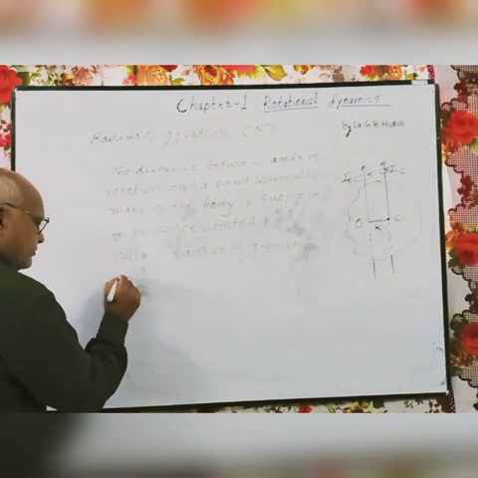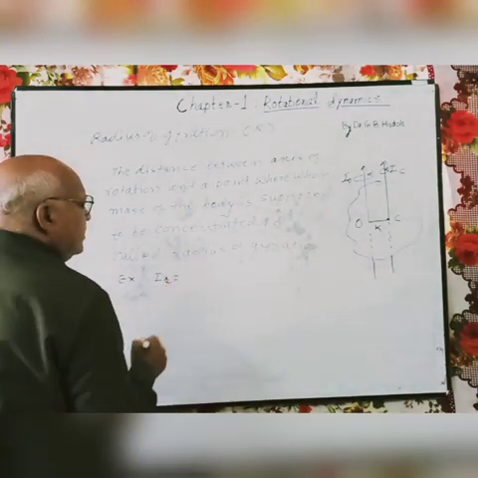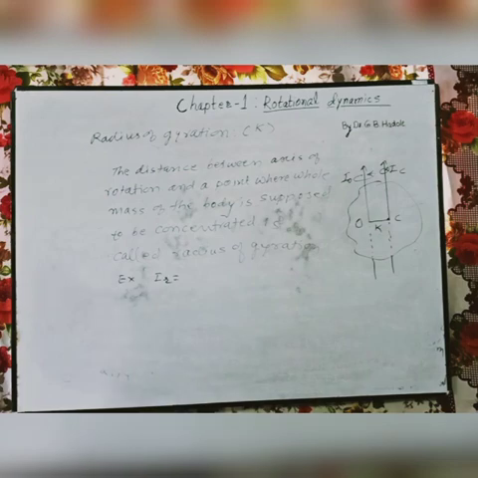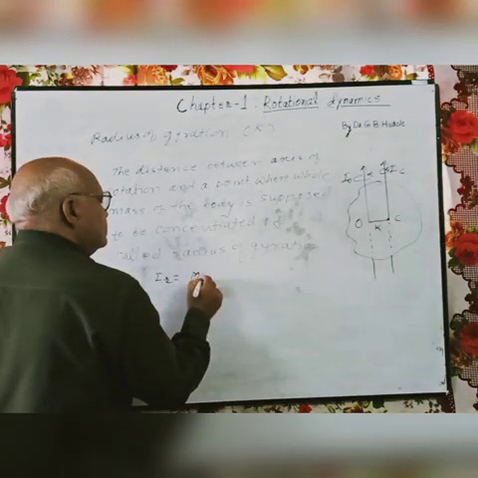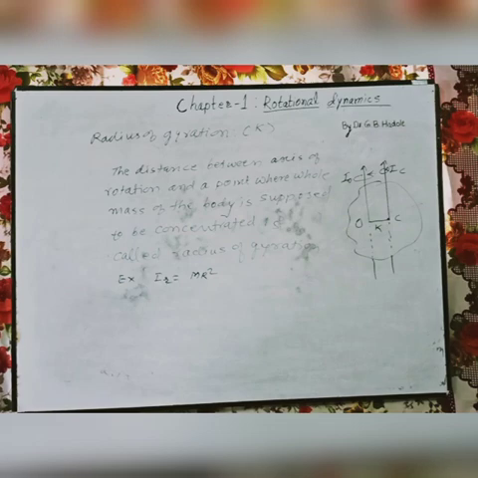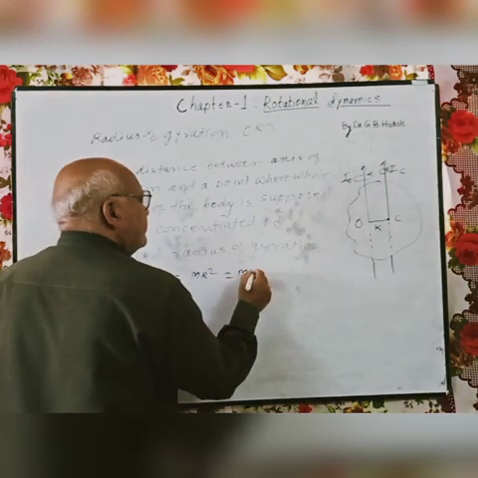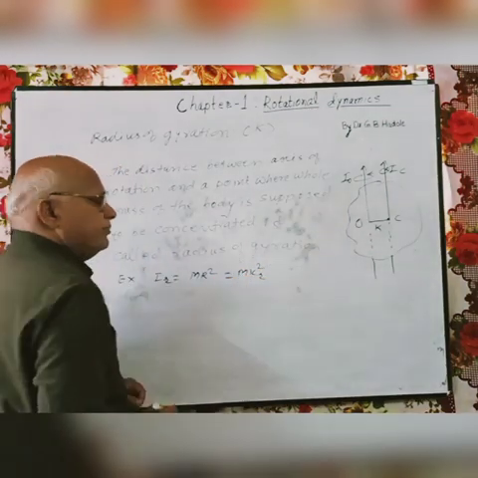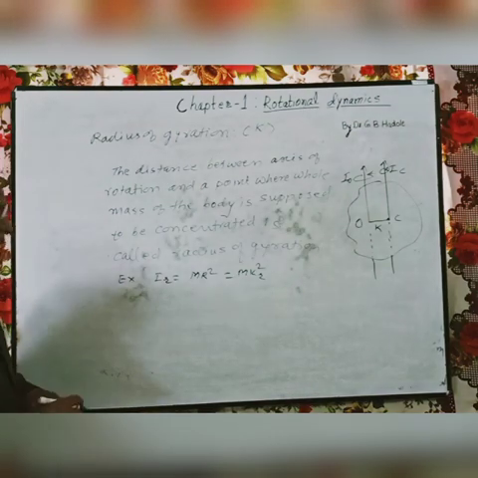Suppose IR is the moment of inertia of the ring, that is given by mr square. In terms of radius of gyration, it will be given by m kr square, where kr is the radius of gyration for the ring.